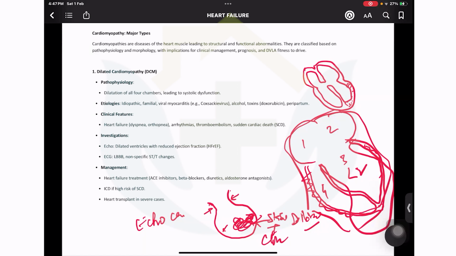Then decreasing the afterload. This is a poor heart. Imagine somebody as a rickshaw puller. The rickshaw puller is the dilated heart, and the passengers in the rickshaw are the preload, and the wind blowing in front of the rickshaw puller is the afterload. So the rickshaw puller is finding it extremely difficult to pull the rickshaw because his muscle mass is gone now.